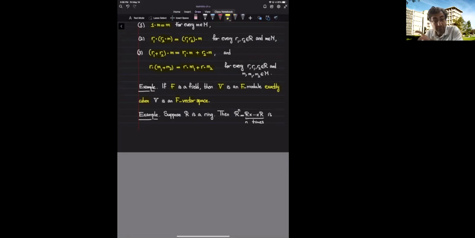We can do the same for rings. We don't have the same result, but at least we can consider R to the n, the Cartesian product of R by itself n times.